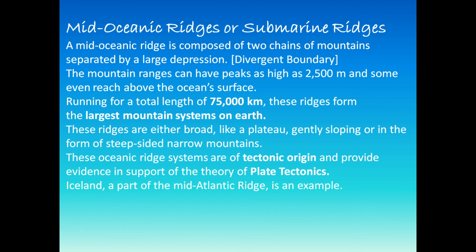They have a gentle slope and a steep top also. So it has mountain-like tops on the surface. These oceanic ridge systems are always of tectonic origin because here also the plates move apart. One portion moves this side and the other portion moves that side. So a divergent boundary is created. The Mid-Atlantic Ridge is an example of this.